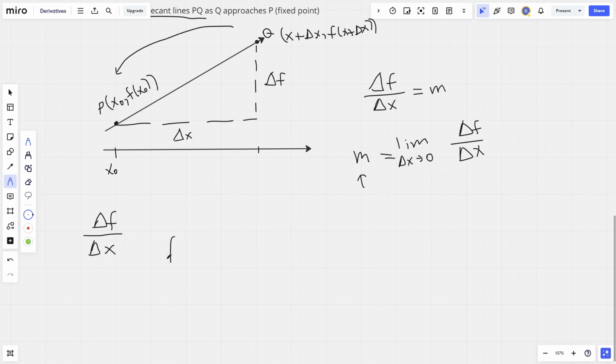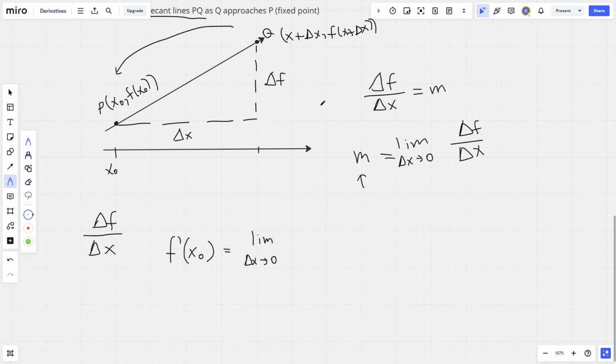So we can call the derivative f prime of x0 the limit as delta x approaches 0 of the change in y over the change in x, right?